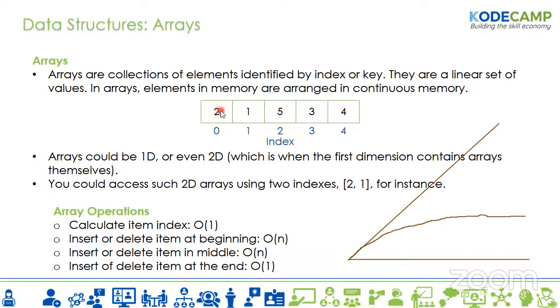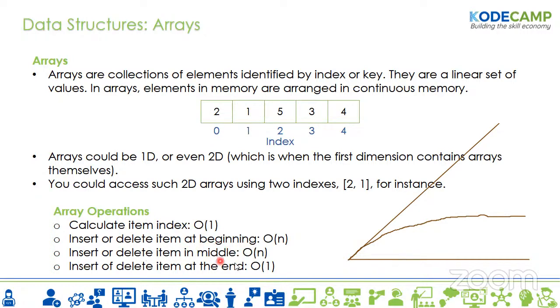This new index is going to become 2. This one will become 1. This one will become 5. This one will become 3. So basically, that time of reassignment of what is stored in each position is what is going to take that time. So the more information you have, the more time it will take.